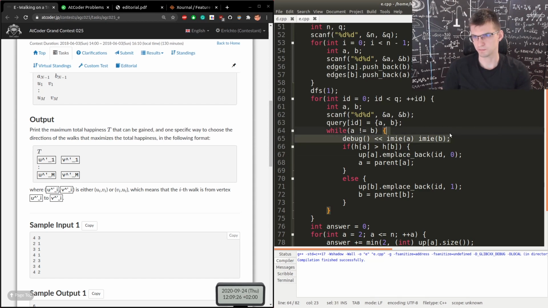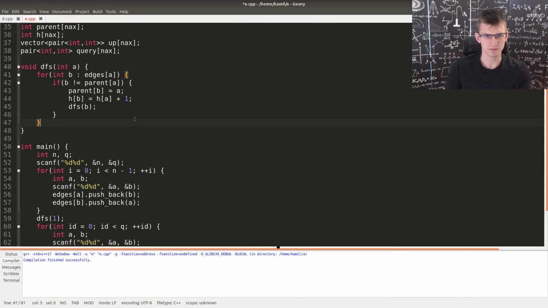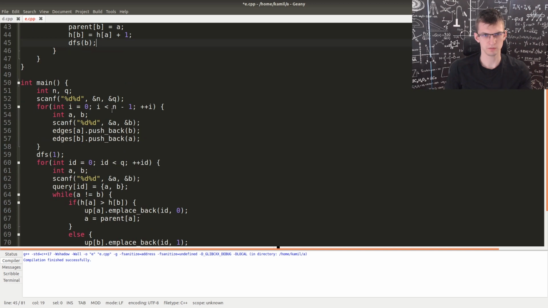Infinite loop indeed. What's something wrong with my DFS? Iterate over edges. If B is not parent, then parent of B is A. Height of B is my height plus 1, and go there. Seems good to me.